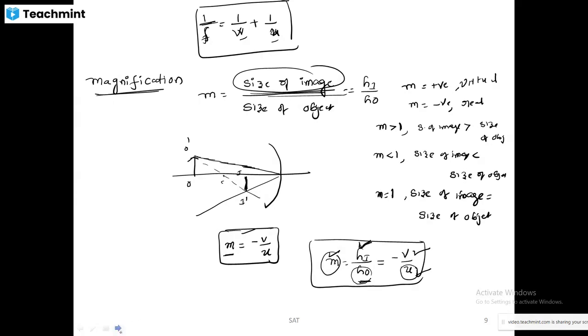Okay, in the reflection of light chapter, we need to remember three formulas.